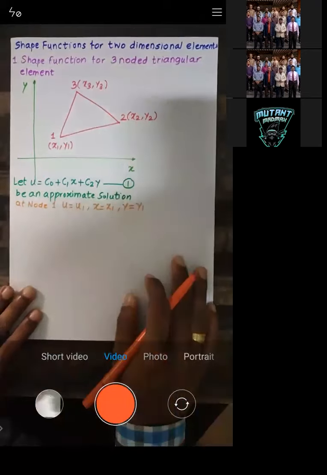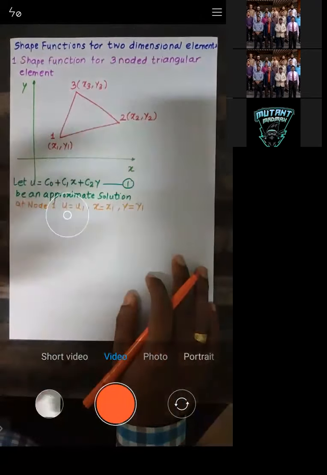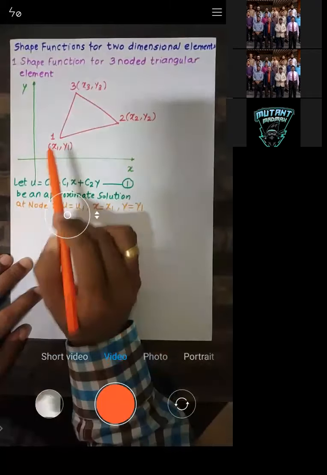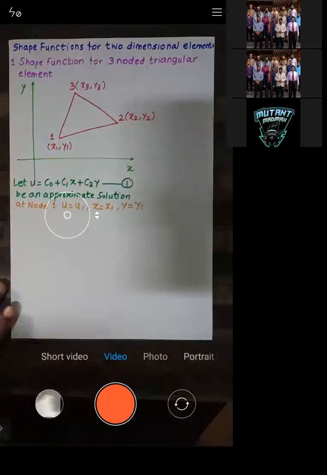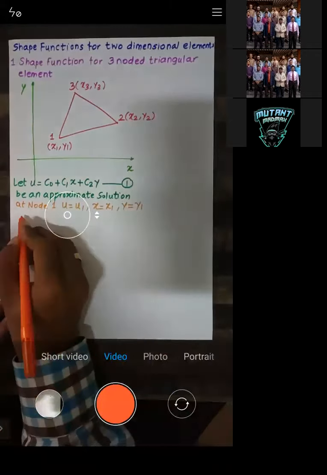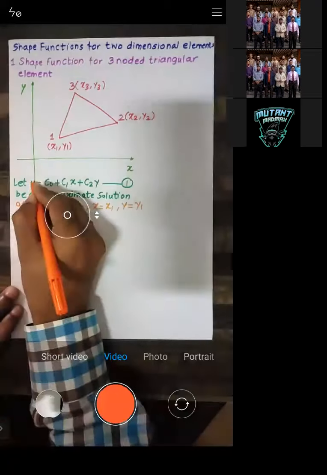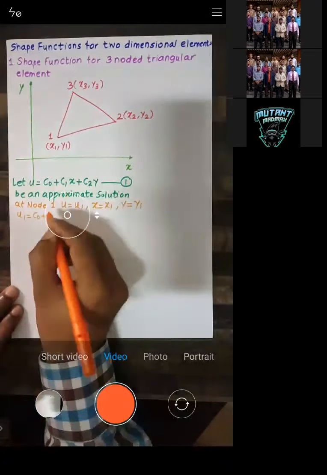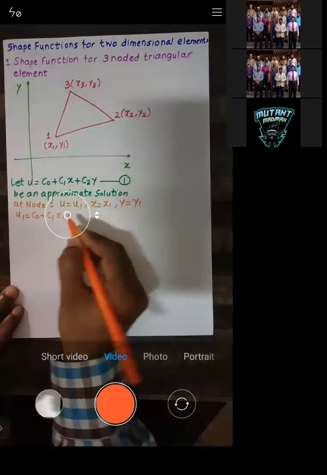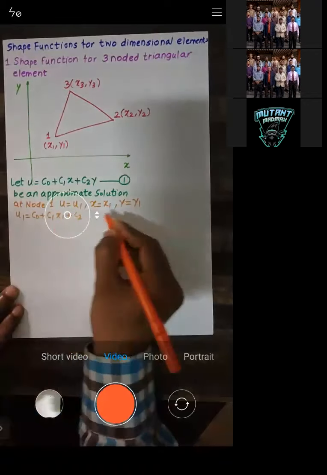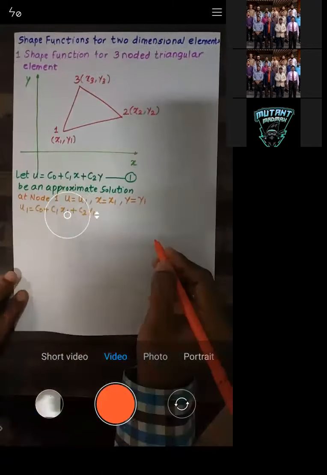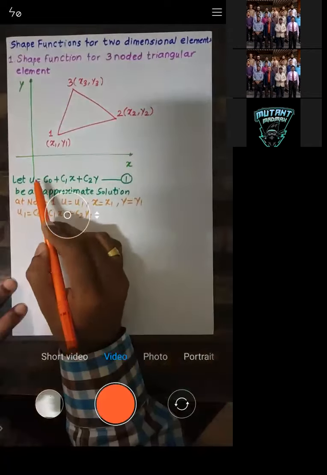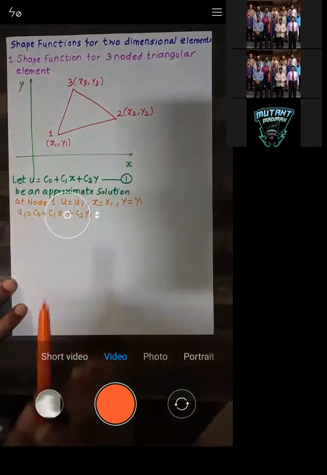So when you put it like this, you get u equal to u1 equal to C0 plus C1 into x, which is x1, plus C2 into y, which is y1. This we have written for node number 1, so it is u1, x1, y1. Let us call this equation number 2.